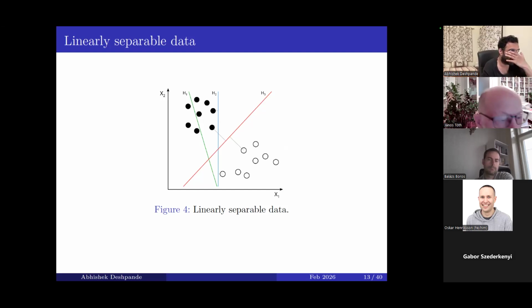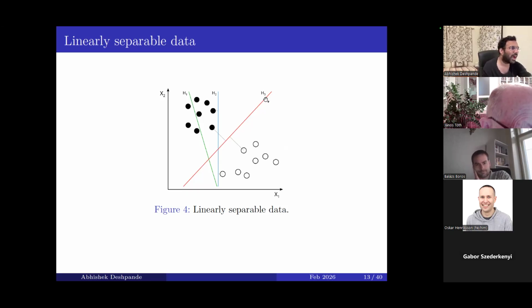H2 does separate data, but H1 is not really doing a good job because it's keeping some points of one color on one side and also points of the same color on the other side. H2 is still doing a decent job because it's separating data, but it's too close to some of those points, right? Can you come up with a very good hyperplane that maximizes the distance to the nearest points?